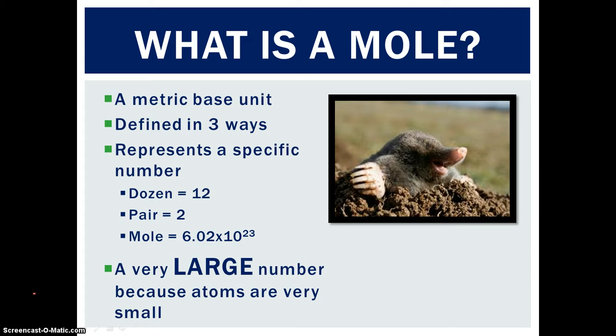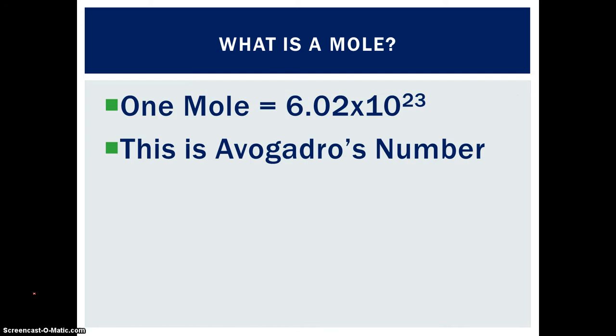So it creates a measurement of number of atoms in a way that makes sense to everyday life. So 1 mole is equal to 6.02 times 10 to the 23rd. This number is called Avogadro's number.